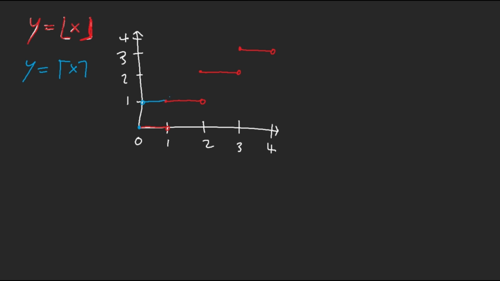And then anywhere higher than 1, it's going to round up to 2. Anywhere higher than 2 is going to equal 3. And so forth. It's going to go higher.